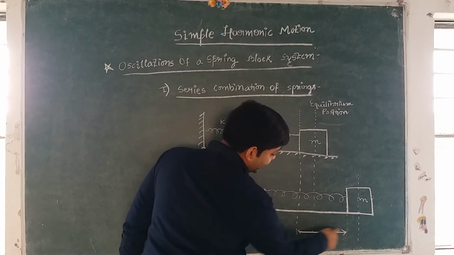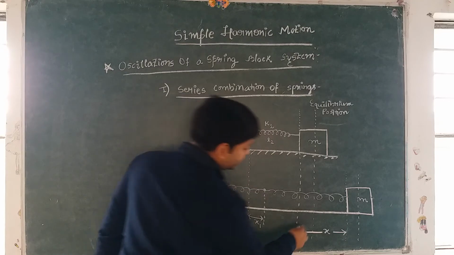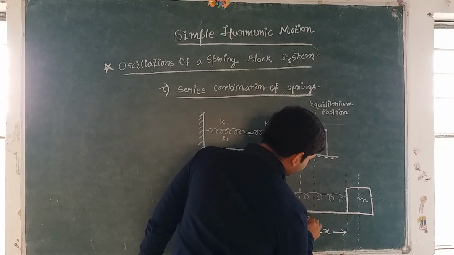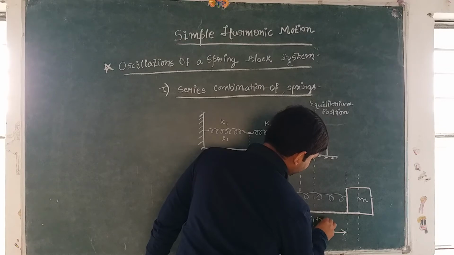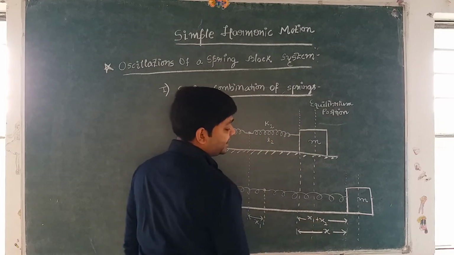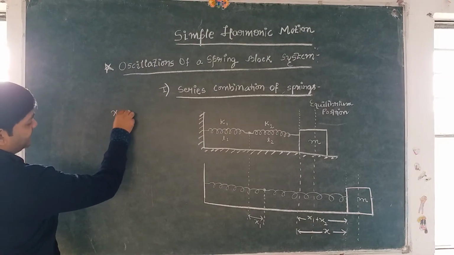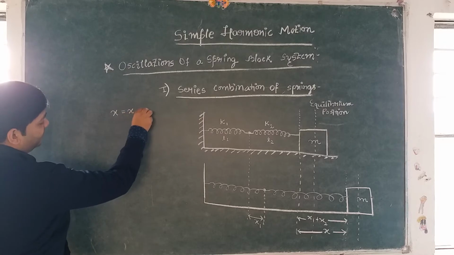So this length x should be equal to x1 plus x2, the extension in spring 1 plus the extension in spring 2. So I can write one equation: x = x1 + x2.